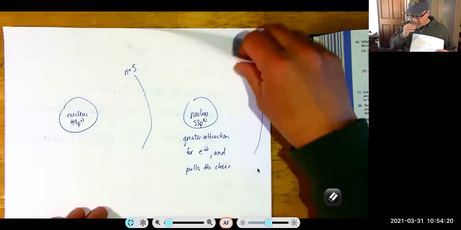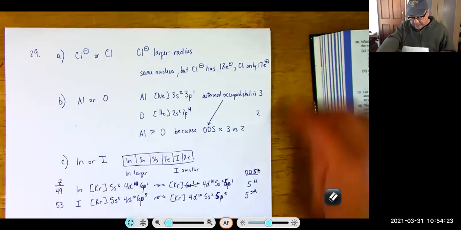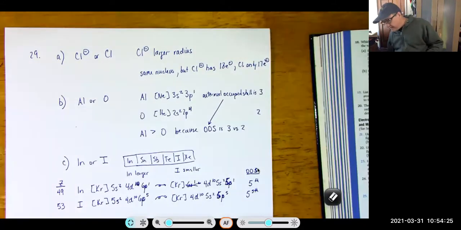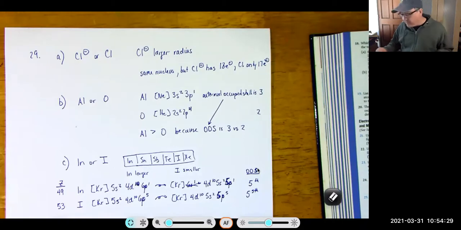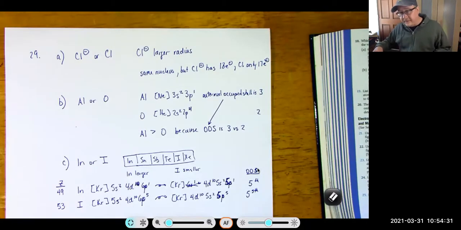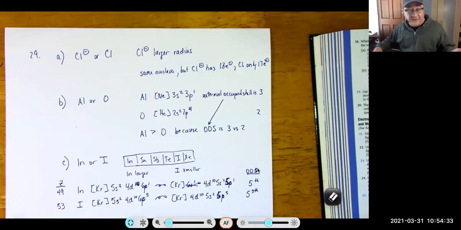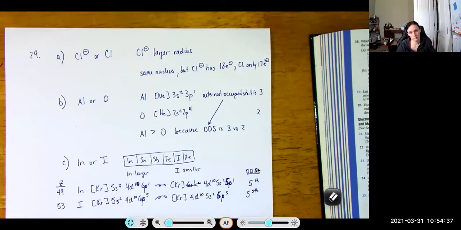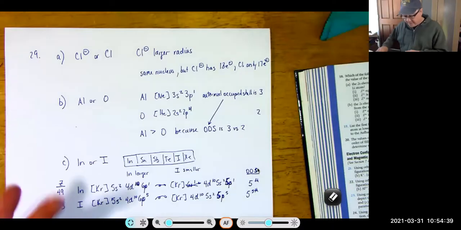Okay, so that's 29C. We would expect iodine to be smaller. But in this particular case, it may be different, because if you remember the trend in period 2, fluorine actually ended up being bigger than some of the other ones. So iodine may very well be a little bit bigger than indium here.